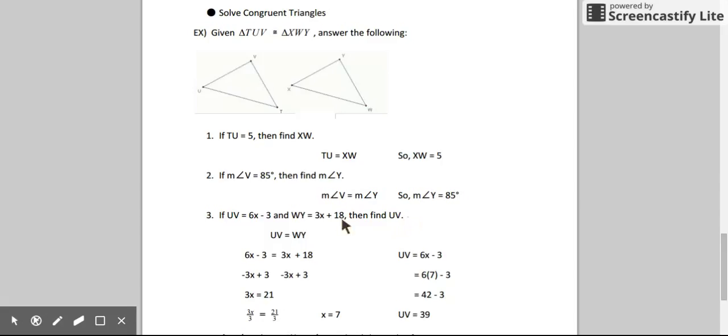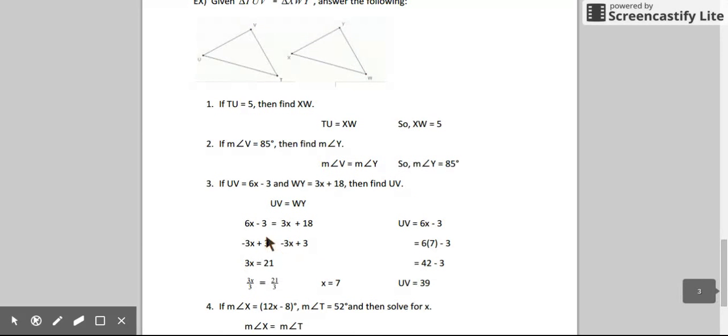We can get a little fancier here with some algebraic expressions. If the distance from U to V is 6x minus 3 and the distance from W to Y is 3x plus 18, then we can actually solve for the distance from U to V. We know that UV and WY are corresponding and congruent segments, so we can set their expressions equal to each other and solve for x.